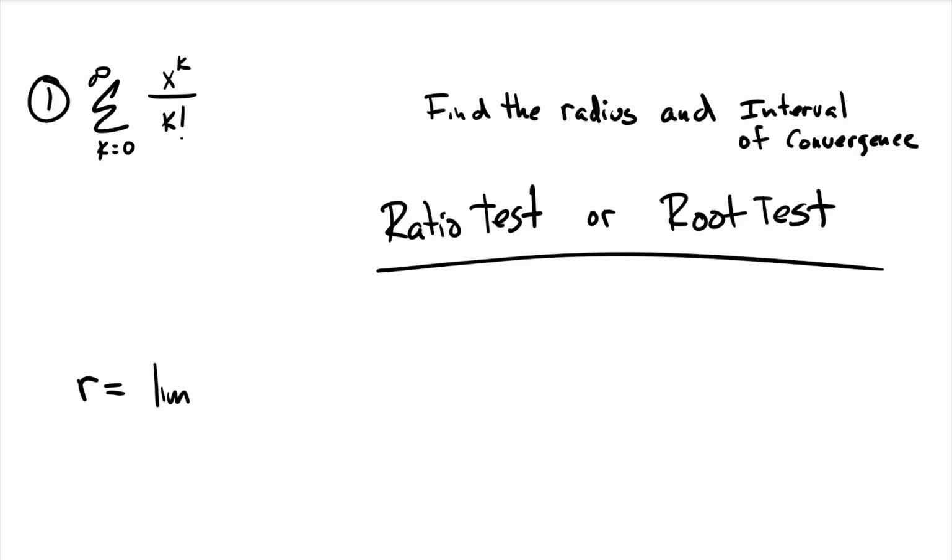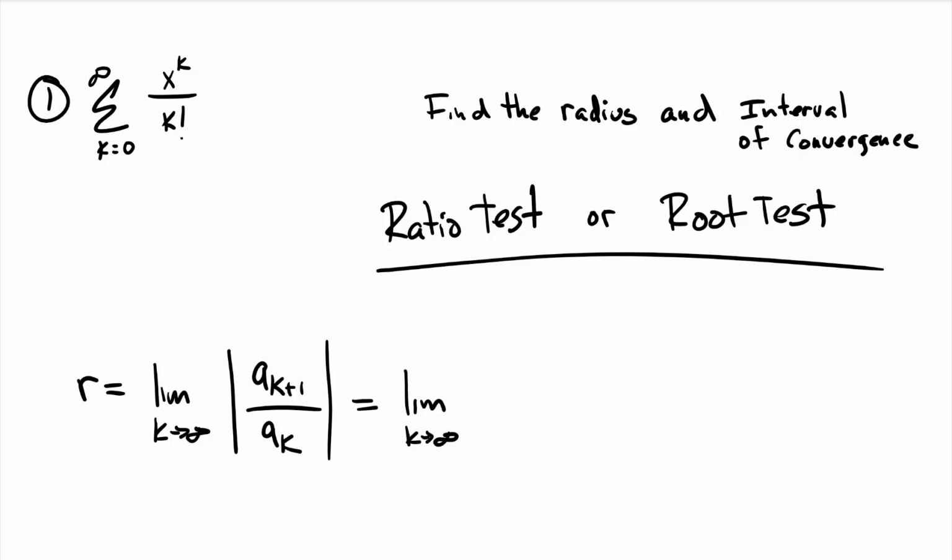That's the limit as k goes to infinity of the absolute value of a sub k plus 1 over a sub k, and our a sub k is the sequence inside the series. So the limit as k goes to infinity, and what's our a sub k plus 1? Wouldn't that just be x to the k plus 1 divided by k plus 1 factorial?